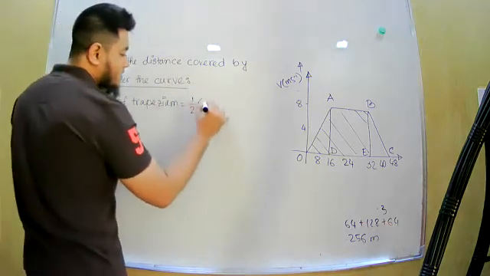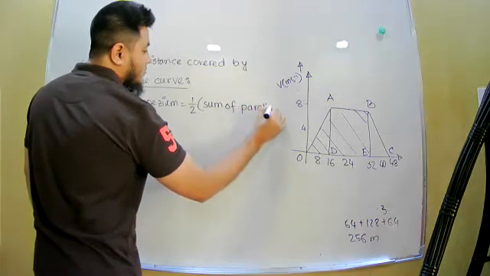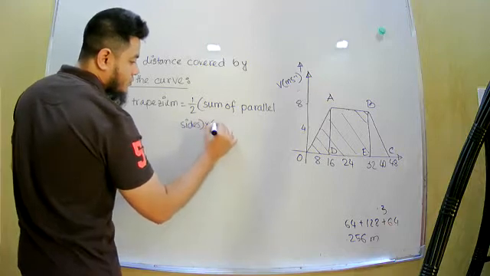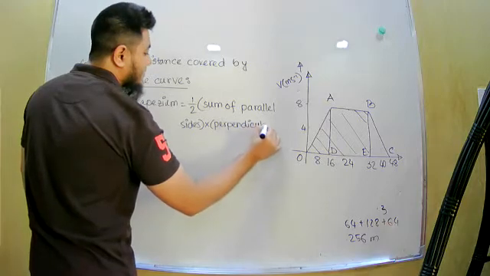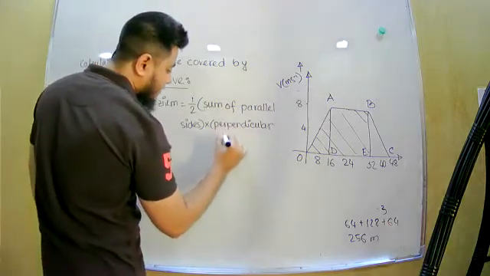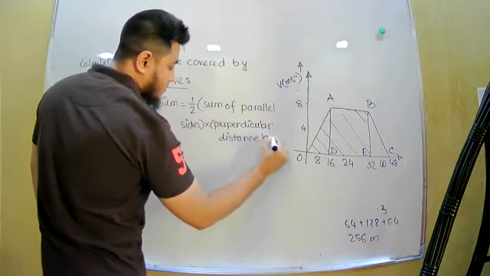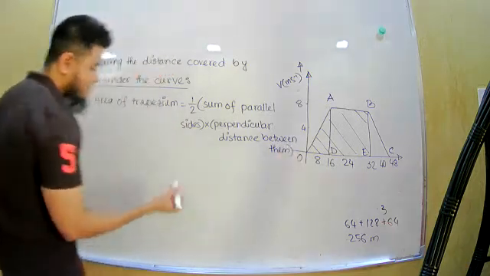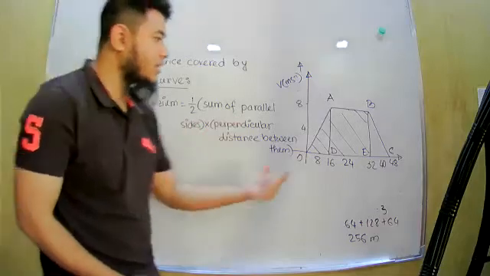হাফ ইনটু সাম অফ প্যারালাল sides into perpendicular distance between them. আমি এখানে ডিটেইলসে লিখলাম, পরে এটা কিভাবে ওখানে বসাবো সেটা আমি দেখাবো। Okay, so half into summation of parallel side কোনটা?